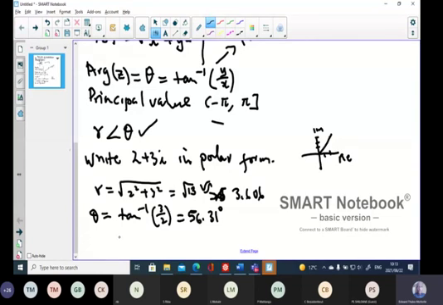So in polar form, this will be 3.606, and then you write the angle, which is 56.31 degrees. So we have managed to write our complex number in polar form.